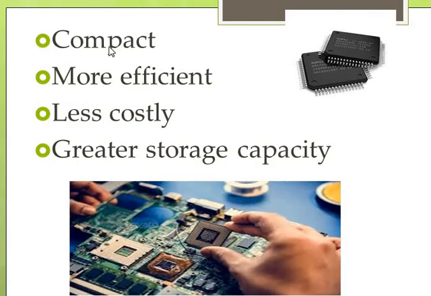The characteristics of fourth generation computers are they are very compact, more efficient compared to the previous generations, less costly, with greater storage capacity. A microprocessor means a small CPU, a single CPU within a chip. This is the circuit board, the motherboard, inside which the microprocessor is placed.